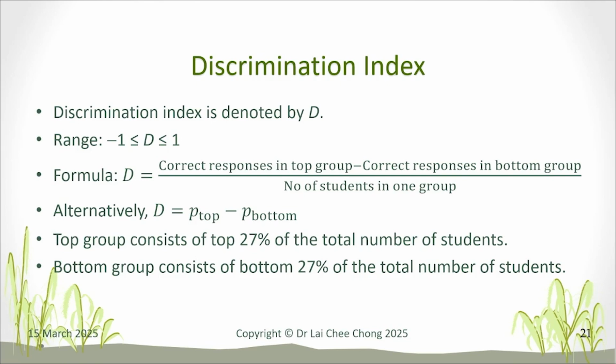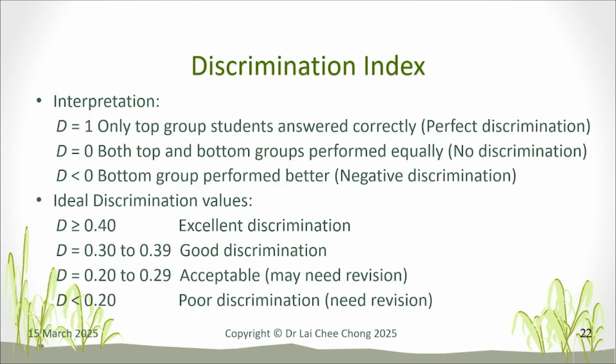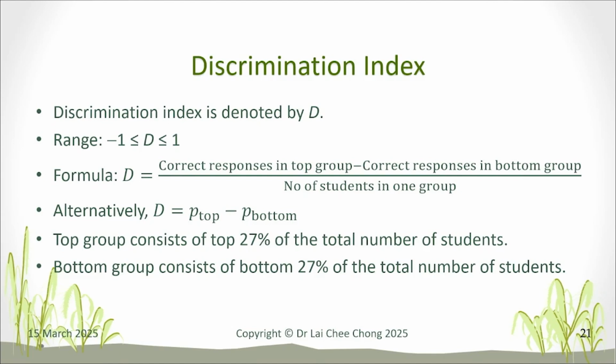Okay? Fair enough. Now, I want you to be very clear about how to interpret all these results. If you get 0, how do you get 0? It's quite simple. 0 if these numbers are the same, right? Top group, how many score correctly? Let's say you got 5 score correctly. Your bottom group also has 5, so it becomes 0, right? So 0 minus 0 is 0.